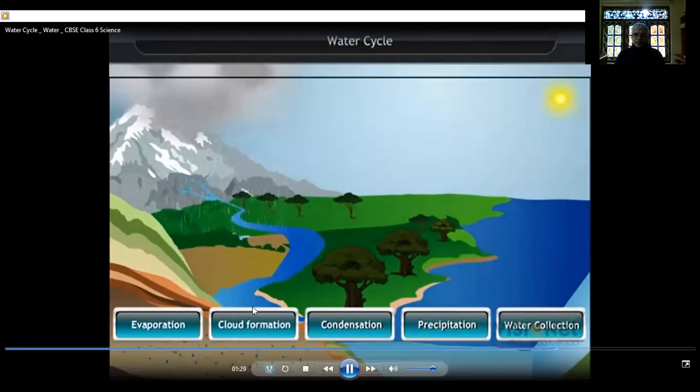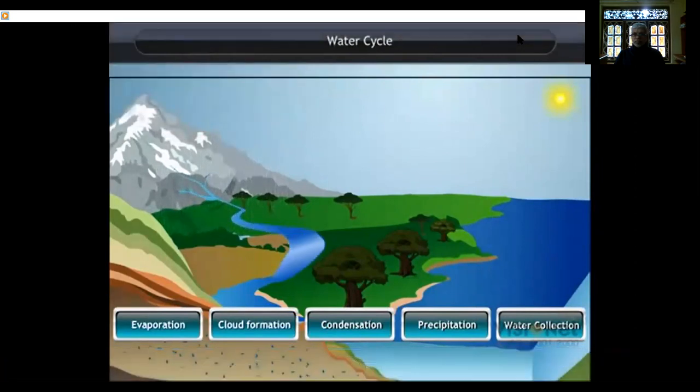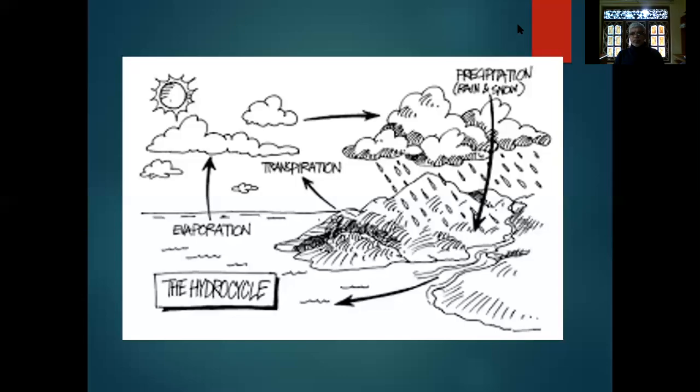When water falls back to earth as precipitation, it may fall back in the oceans, lakes, or rivers, or it may end up on land. When it ends up on the land, it will either soak into the earth, or I think you watch the short video showing the functioning of the water cycle.